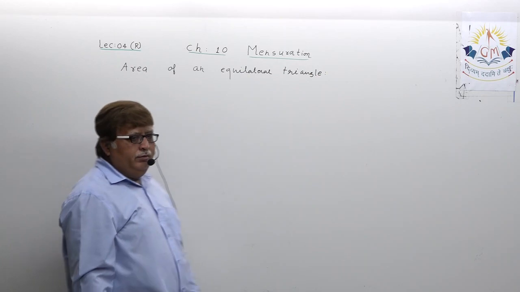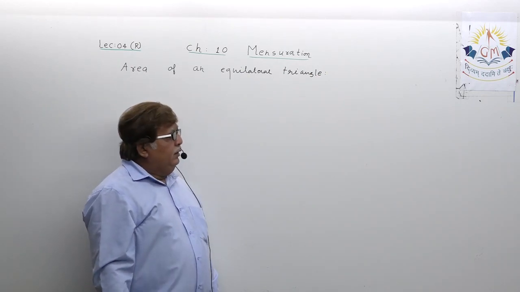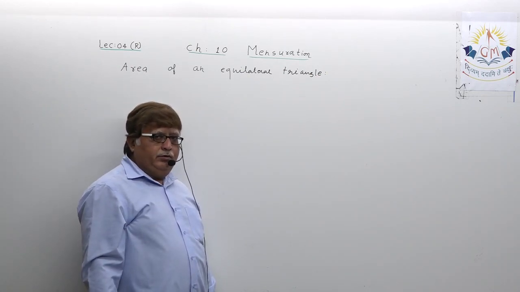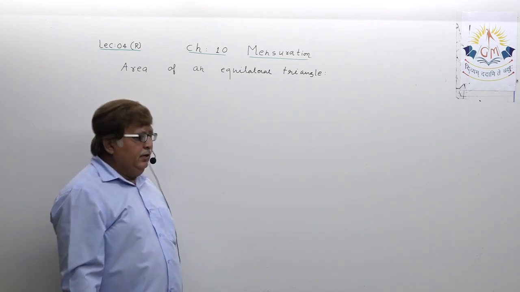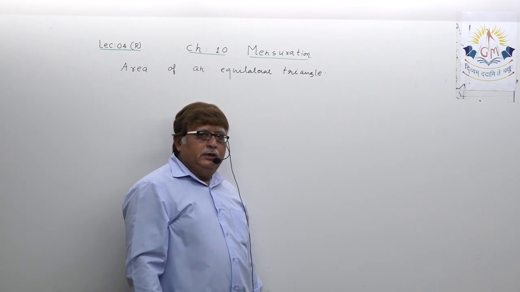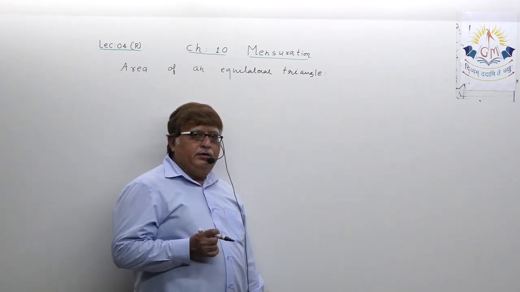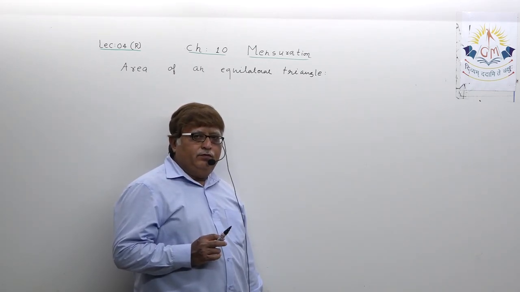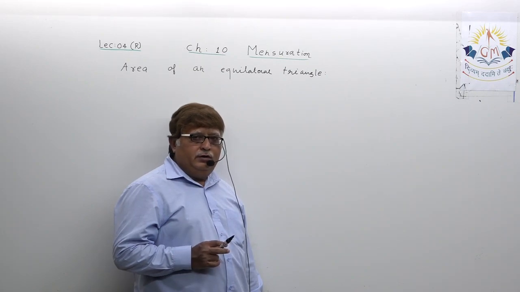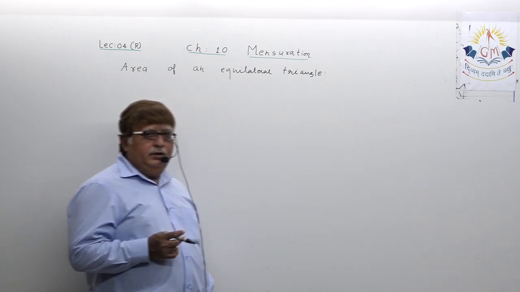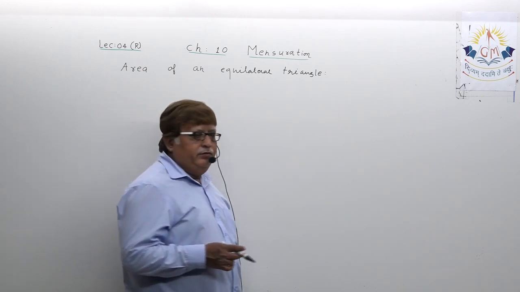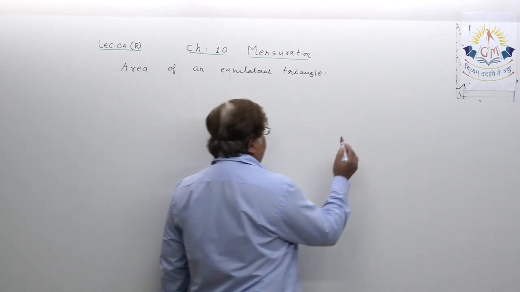And according to that, let us try to derive the formula. And mind one more thing, why I am taking the derivation of the formula of equilateral triangle in revision, because that is going to help you a lot even in 9th and 10th standard. Okay, let us do it.